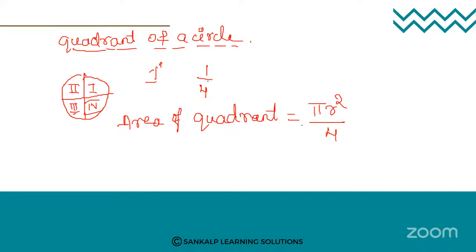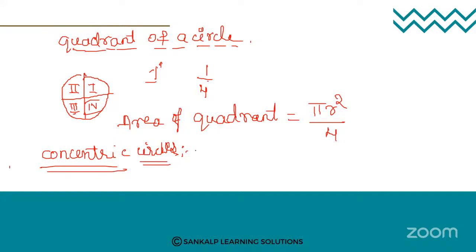Next, have you heard about the concentric circles? What do you mean by concentric circles? The circles which have the same center point and different radius. See, this is a central point. This is one circle, this is second circle and this is third circle.